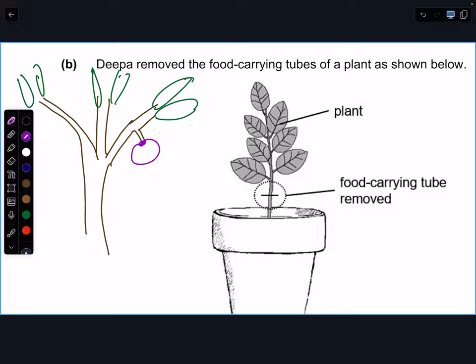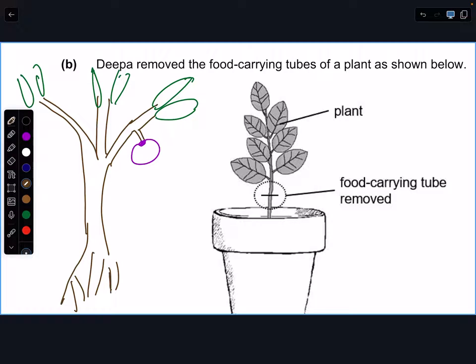Now, it really depends on where you cut the plant. If you cut the plant at the main stem and you remove the food carrying tubes over here, the whole plant will die eventually.